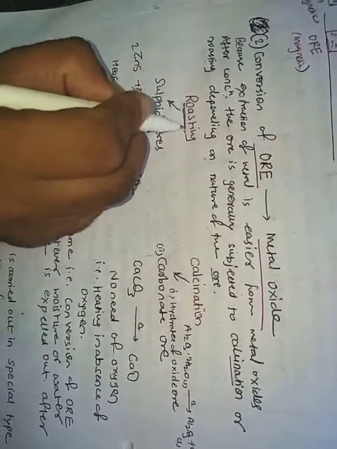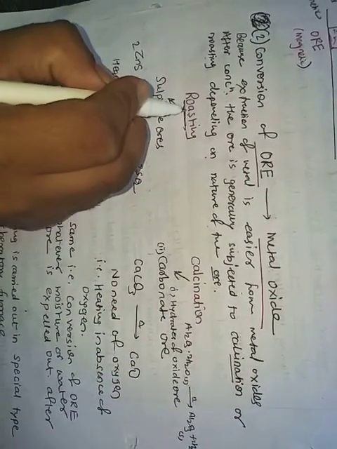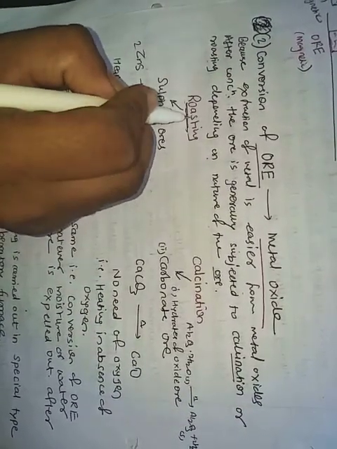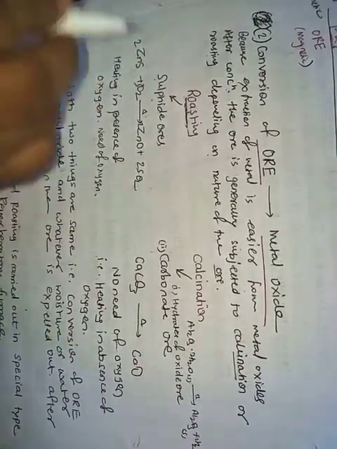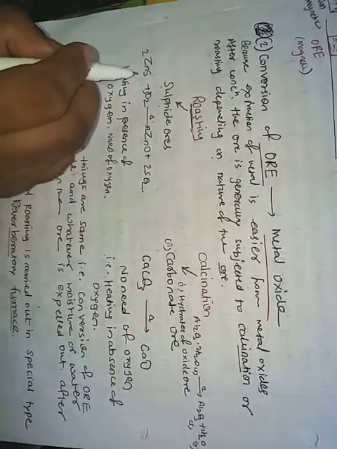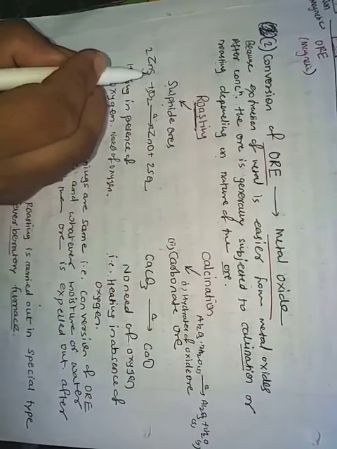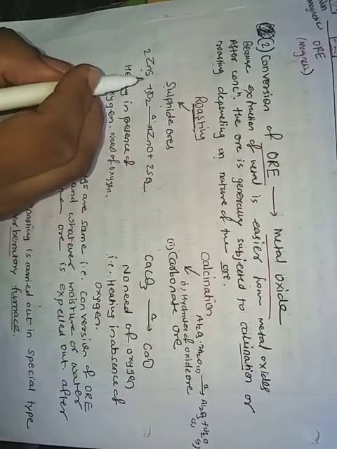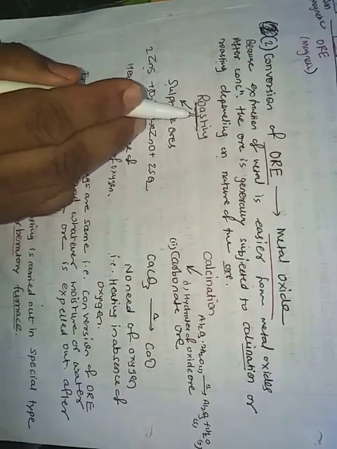Roasting: that is R for roasting, S for sulfide ores. We can apply this only for sulfide ores. As we discussed, ZnS, zinc blende, and cinnabar, or mercury sulfide ore. For such types of ore we can apply the roasting process.